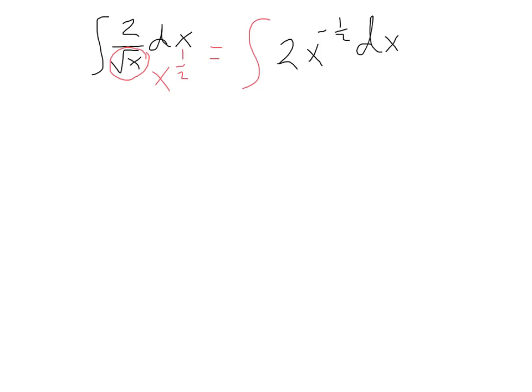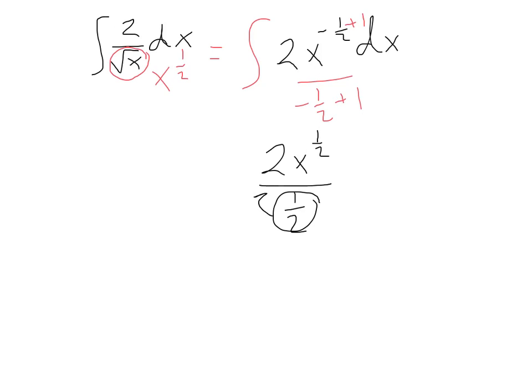Add 1 to the exponent and then divide by it. So we should end up with 2x to the 1/2 power all over 1/2. Rewrite this, send it up to the top, and you should end up with 4x to the 1/2 plus c.